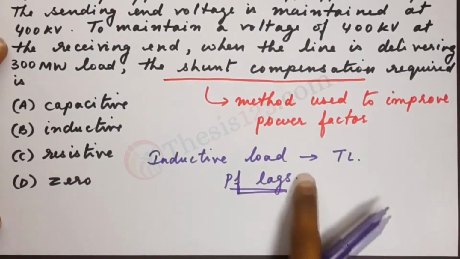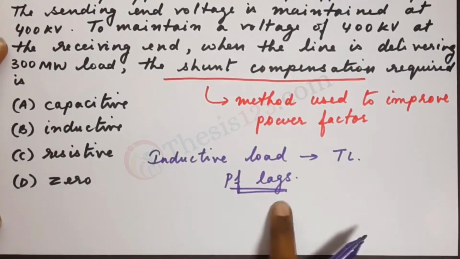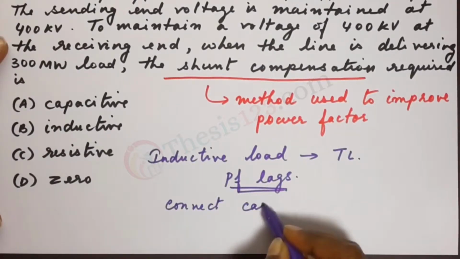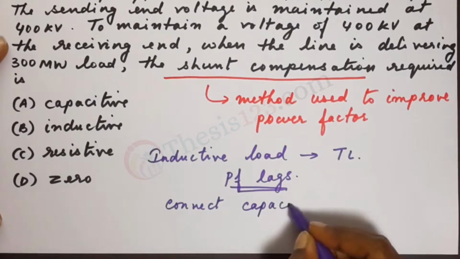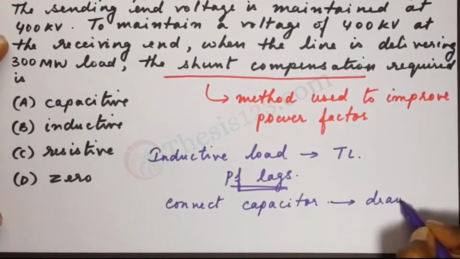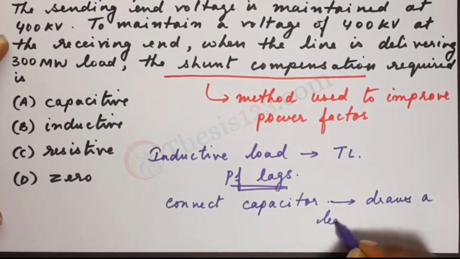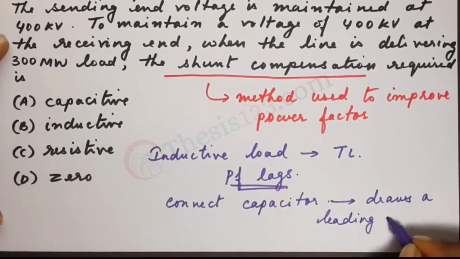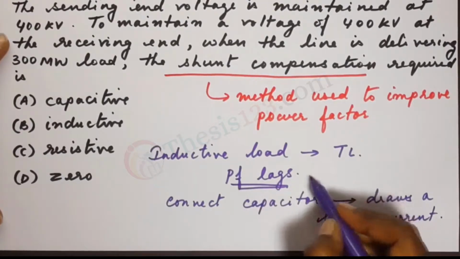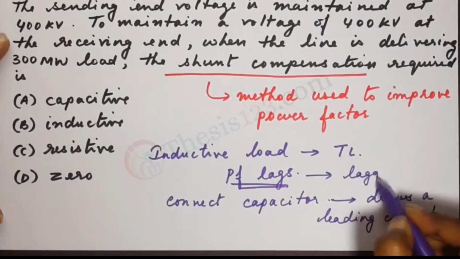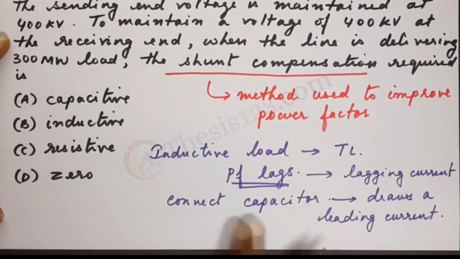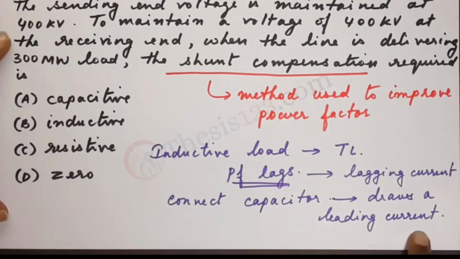And in order to compensate this lagging power factor, we connect a capacitor. So this draws a leading current. Here the power factor lags because of lagging current, and if we connect a capacitor, it draws a leading current.